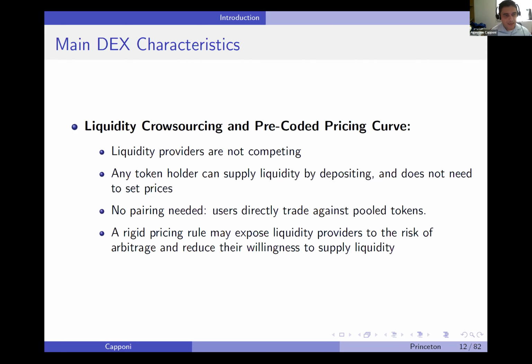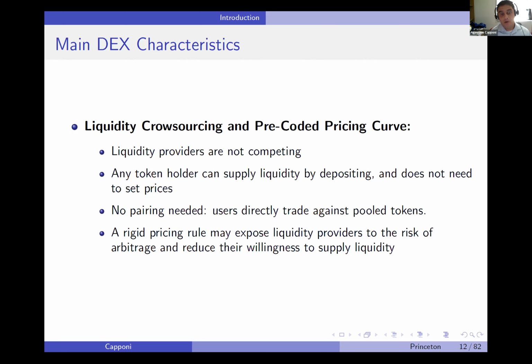As a result, those who are providing liquidity are subject to arbitrage. And I will explain what the arbitrage is. The arbitrage is between transactions that you have on the decentralized exchange and those that are happening outside the exchange. And because of this arbitrage risk, they will want to reduce the amount that they are depositing.